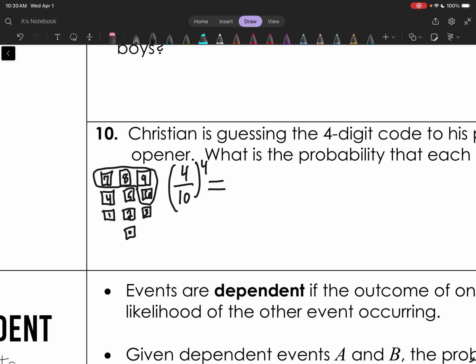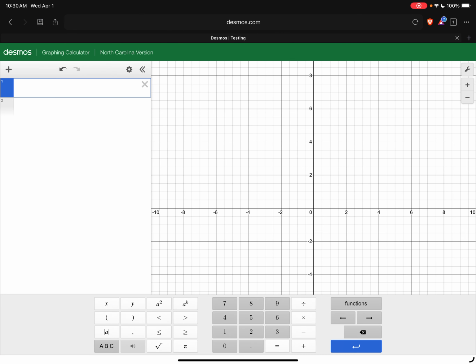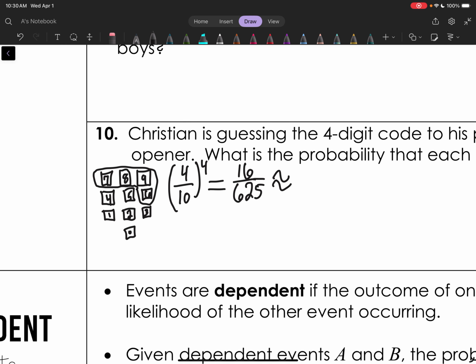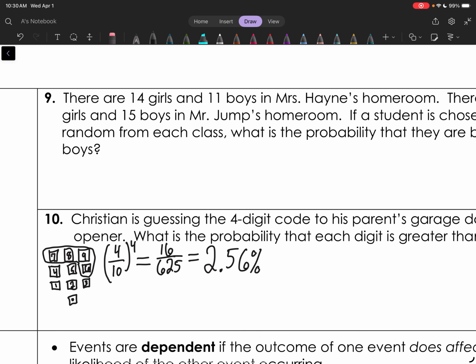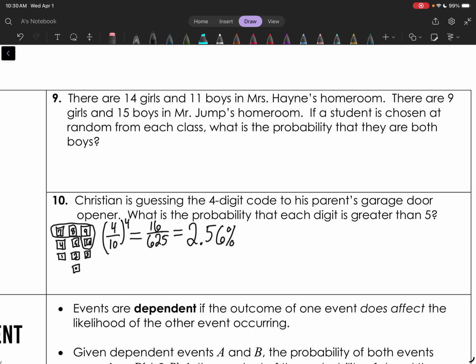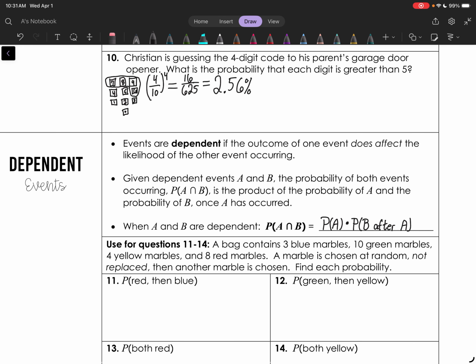This is 2/5, so 16 over 625. To 0.56%. Okay, try number 9.